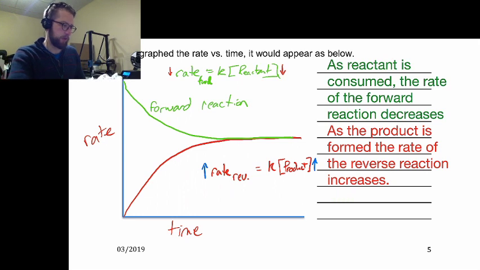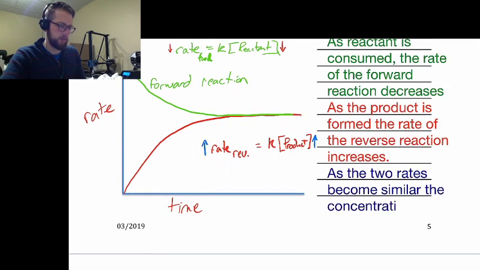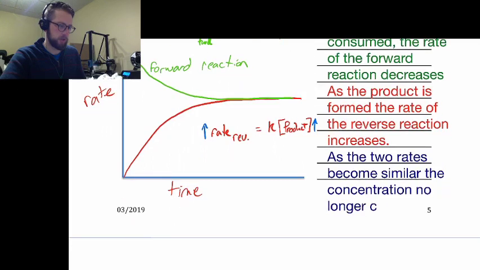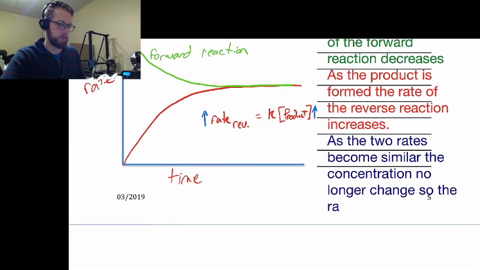And then the important part here is that as the two rates become similar, the concentrations no longer change, so the rate stabilizes, the rates become equal.